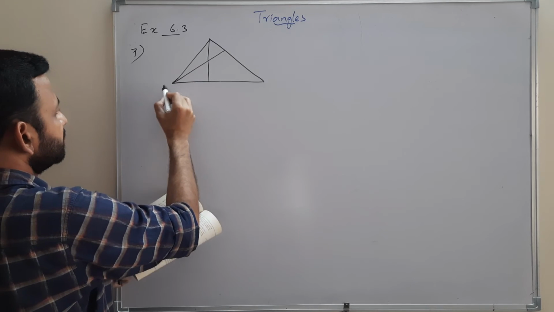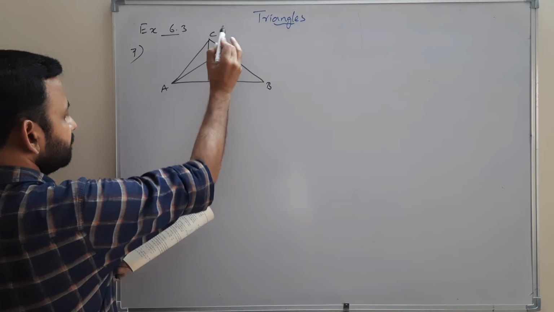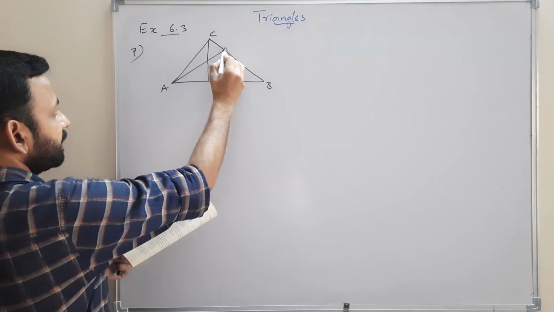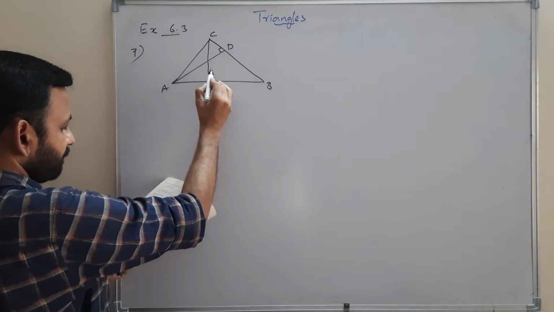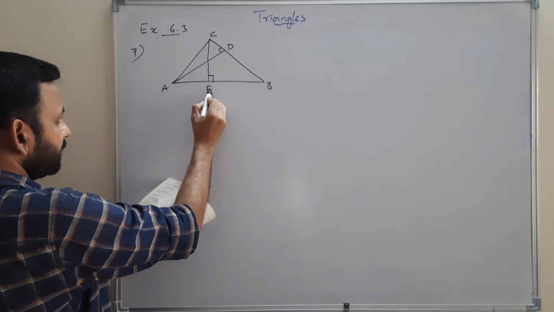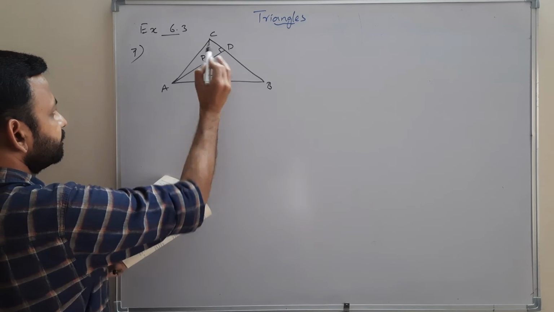Triangle ABC, and here D, this is perpendicular, and another perpendicular here E and P.